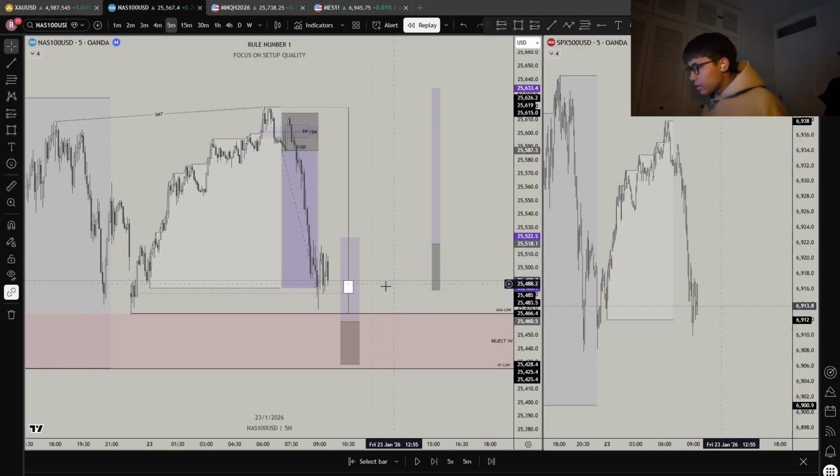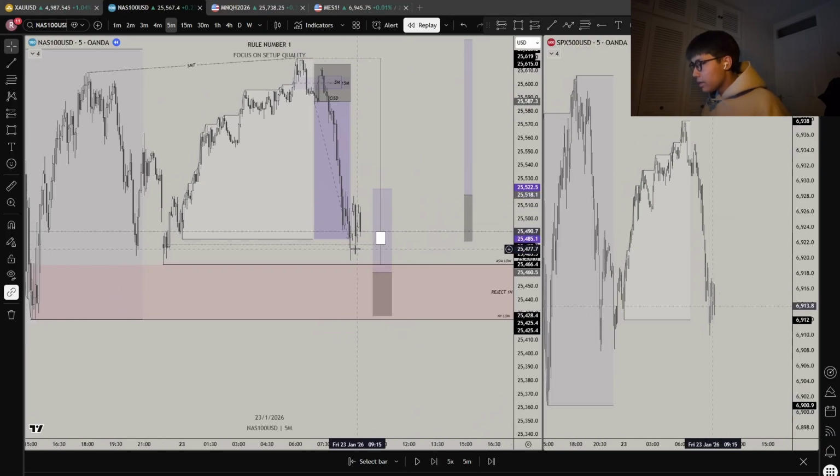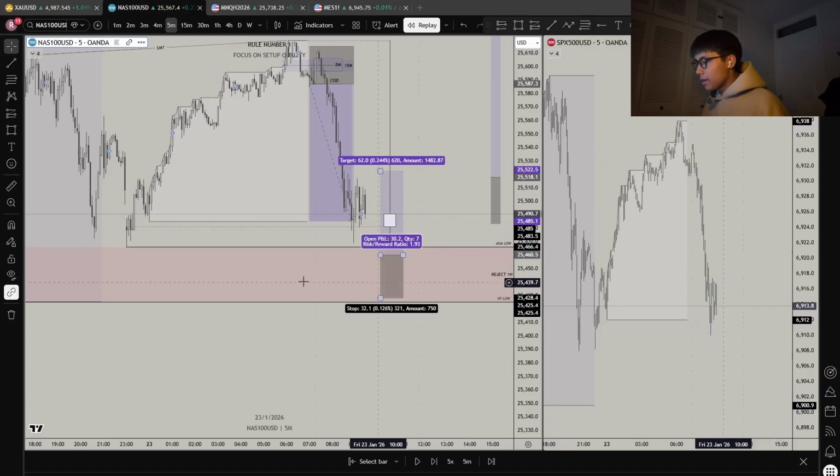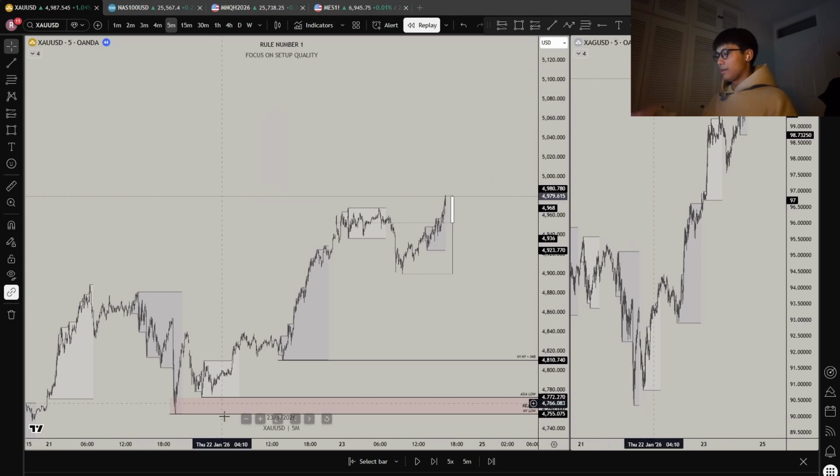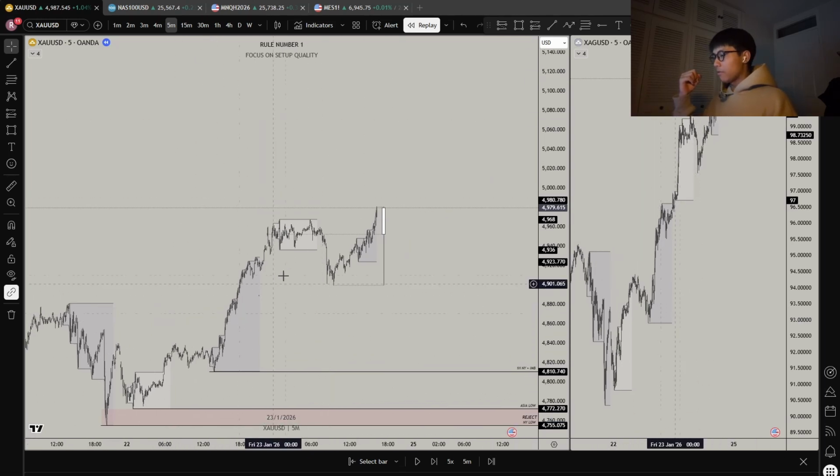Okay, and then during London AM, bearing in mind I marked this rejection zone right before, like last night, like the night before, I mean. And again, same to gold, in terms of the reaction that I gave to the 4-hour fair value gap earlier, say somewhere here.